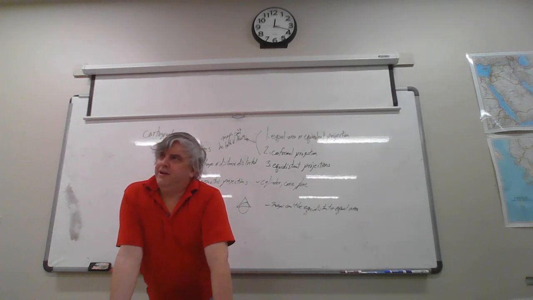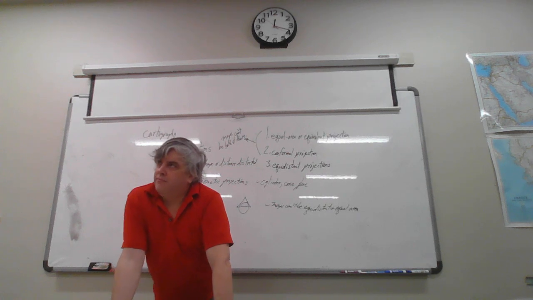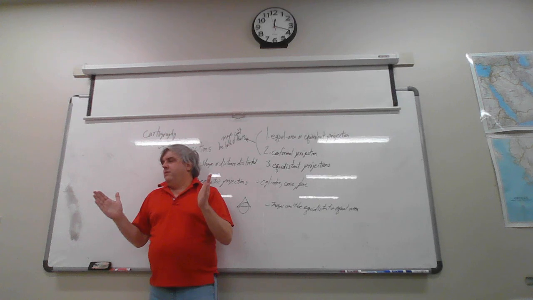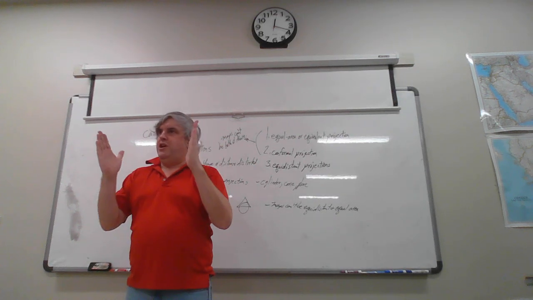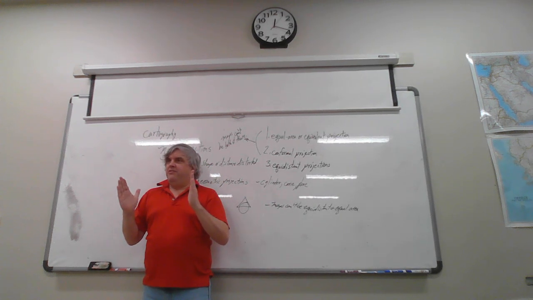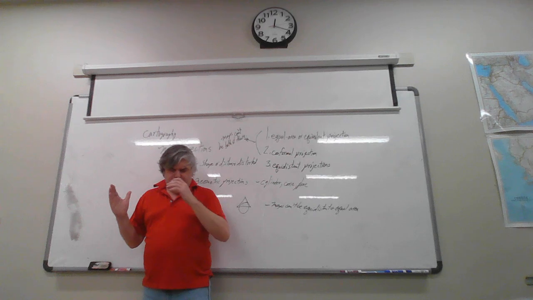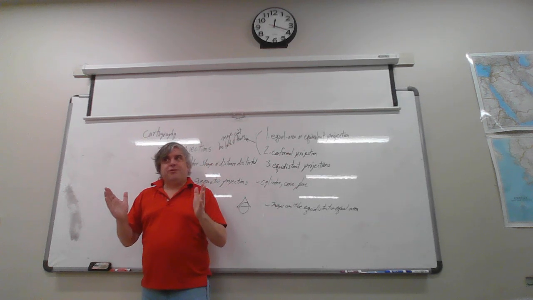Let me give an example here from Canadian geography. Take the province of Saskatchewan. It is defined by very specific meridians and parallels. Basically, it's a rectangular shape. But the problem with Saskatchewan is that because it's on a globe where the meridians are converging as you get closer to the North Pole, it's not a rectangular shape.